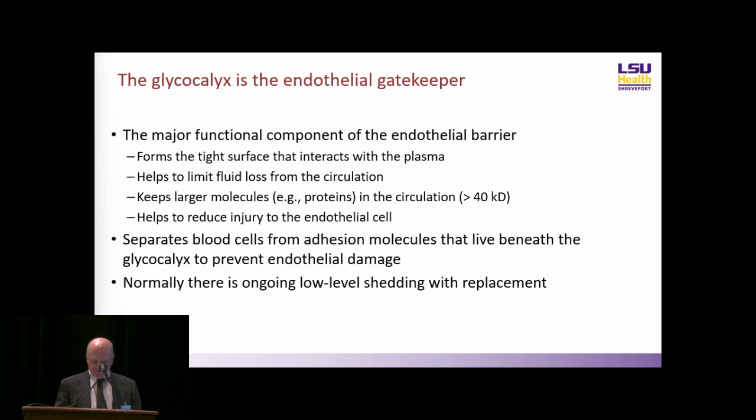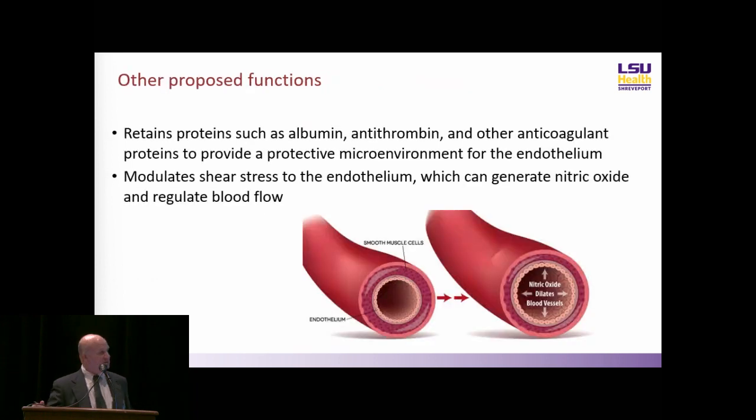Other proposed functions of this very interesting part of our circulatory system is that it helps to retain proteins within itself, and it helps to provide the microenvironment for protection. So the glycocalyx uses plasma proteins as an integral component for protection against the exposure of the endothelium itself.